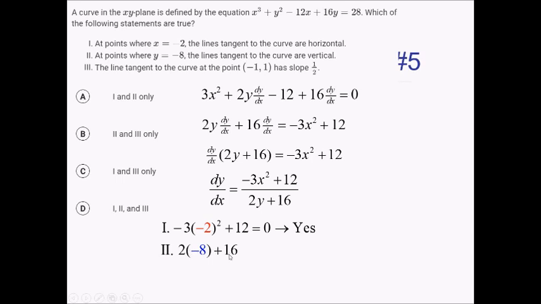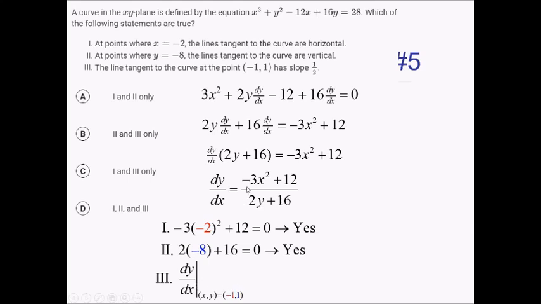That's negative 16 plus 16, which, yes, is 0. So that's another yes. And then finally, line tangent to the curve at negative 1, 1 has a slope of 1/2. So if I plug in negative 1 for x and 1 for y to this whole thing here, does it come out to 1/2? Well, let's try that out. So dy over dx evaluated at negative 1 comma 1.